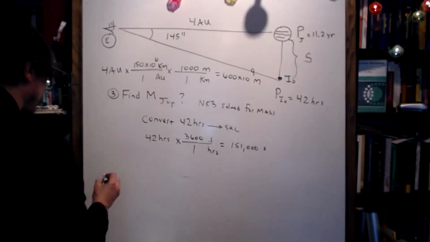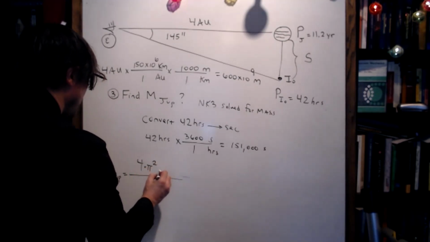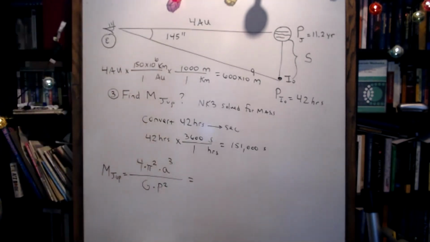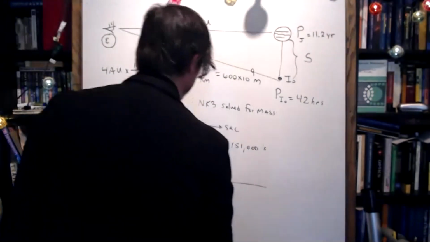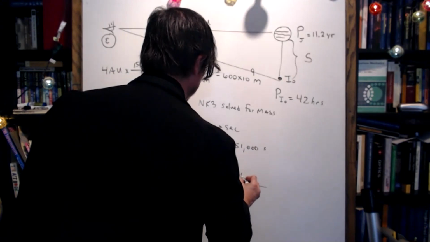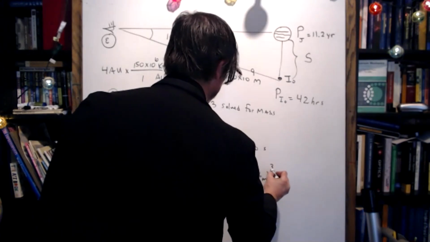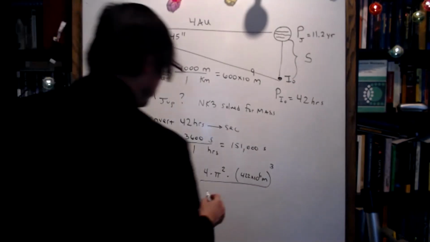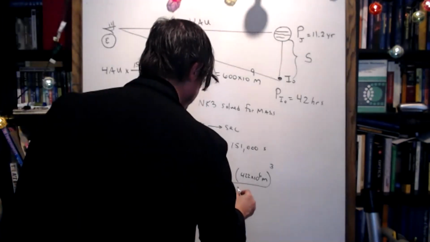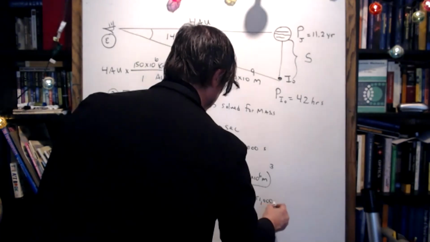Now we can use NK3 solved for mass. The mass of Jupiter is 4 pi squared a cubed over GP squared. 4 times pi squared times 422 million meters cubed divided by 7 times 10 to the minus 11 meters cubed per kilogram per second squared times 151,000 seconds squared.